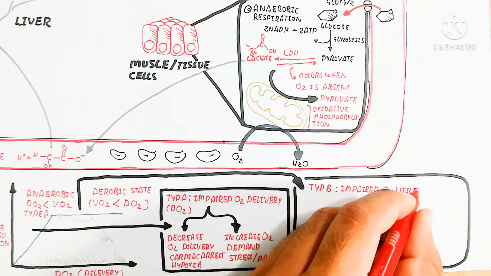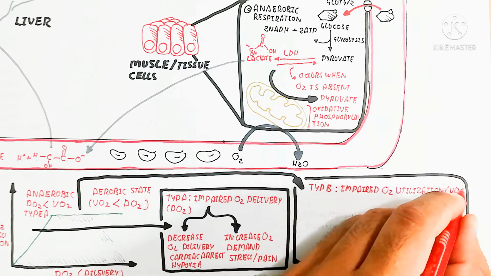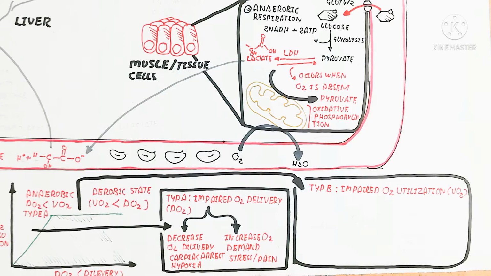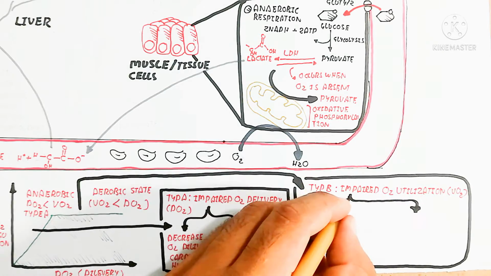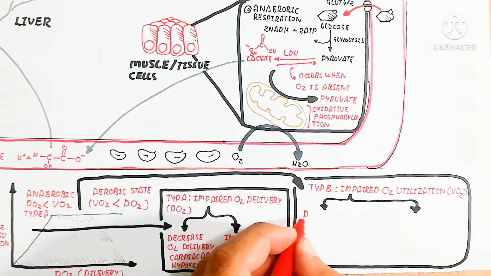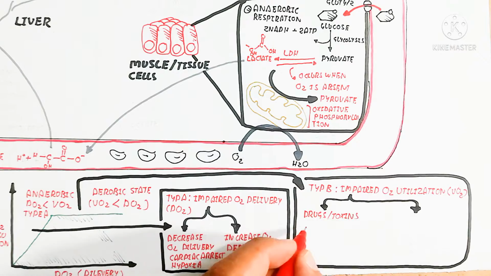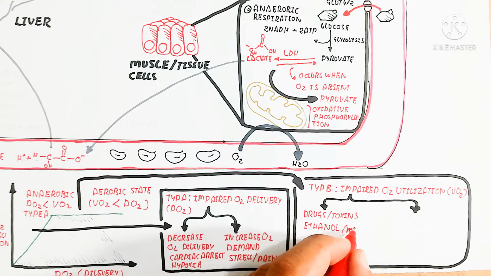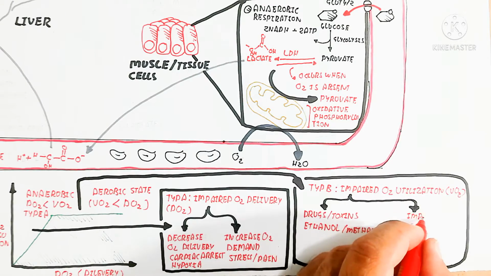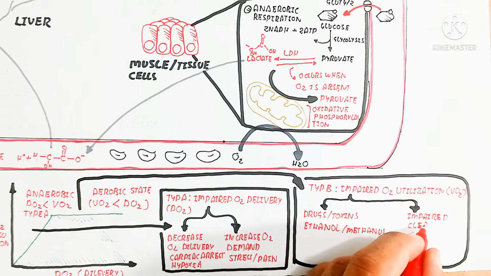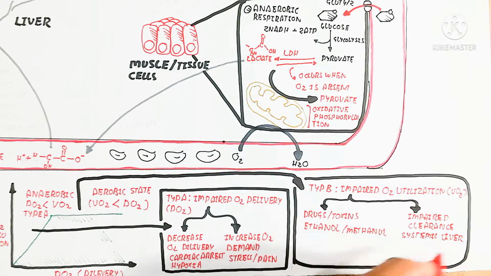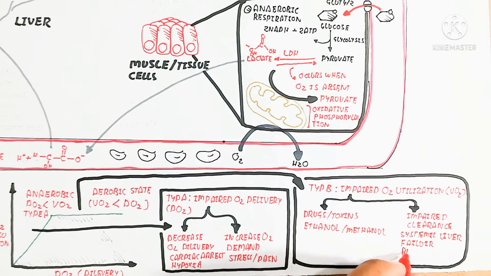It will lead to stress and pain. On the other hand, type B is impaired oxygen utilization. Drugs, toxins, ethanol and methanol cause this impaired oxygen utilization. There is also an impaired clearance system, which is liver failure and renal failure.